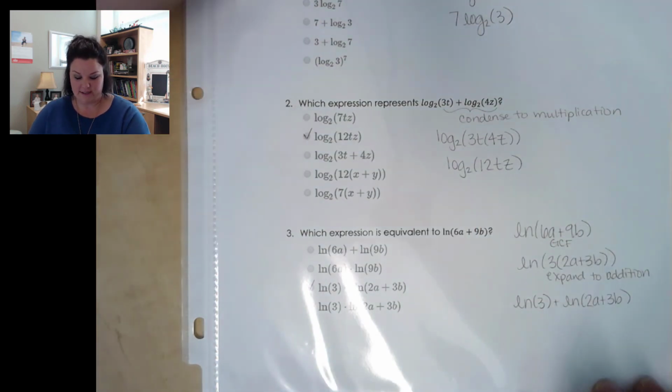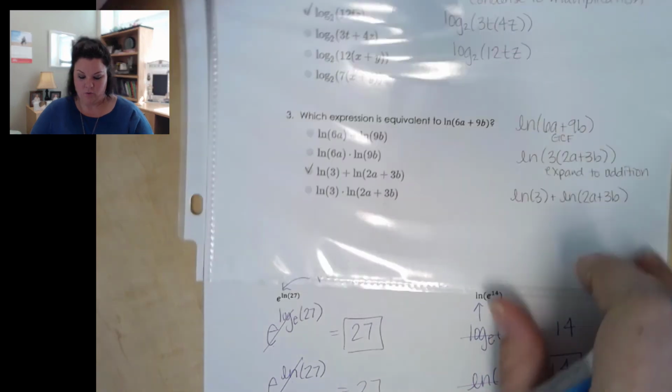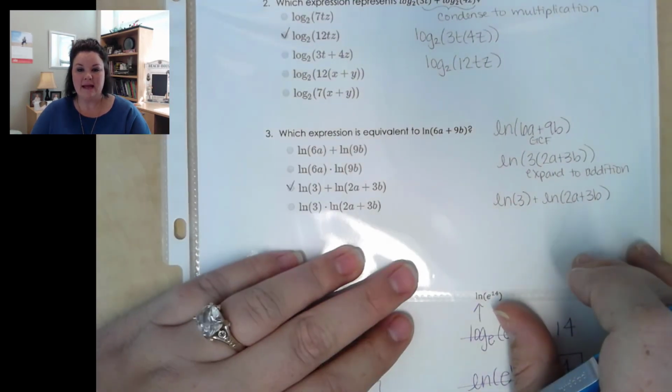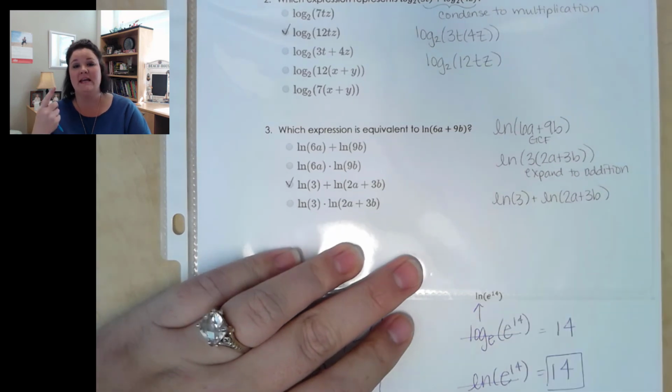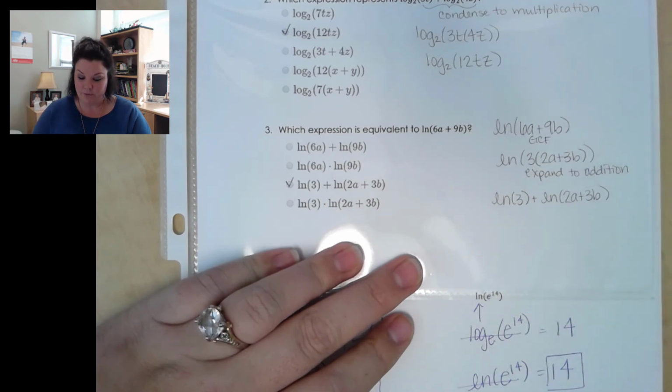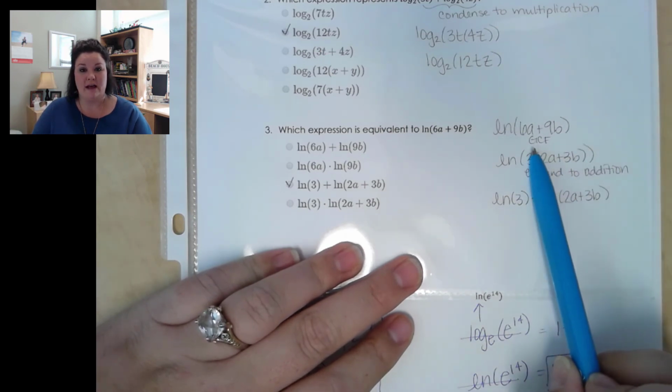Okay. All right. Number 3, we want to expand, but we can only expand it if we have a multiplication, a division, or an exponent. Here we don't have any of those. So I'm going to work this one like I did that last example where I look for a greatest common factor.